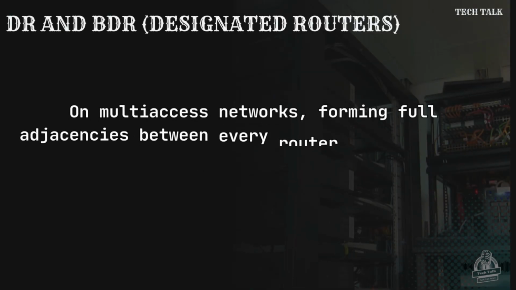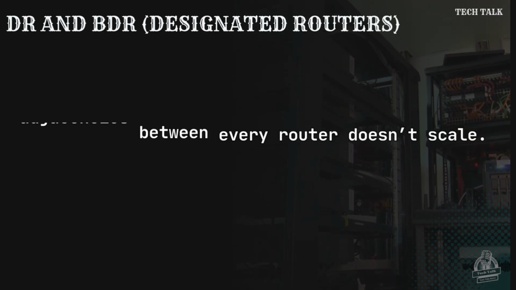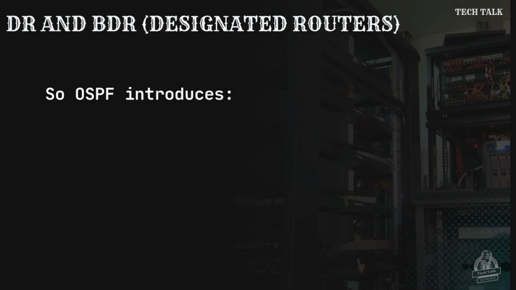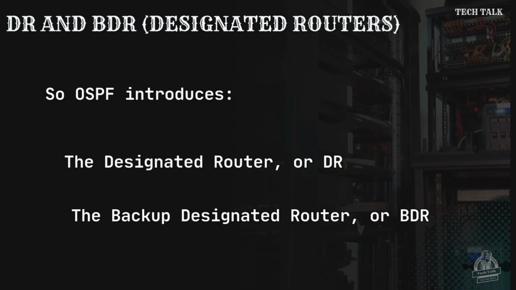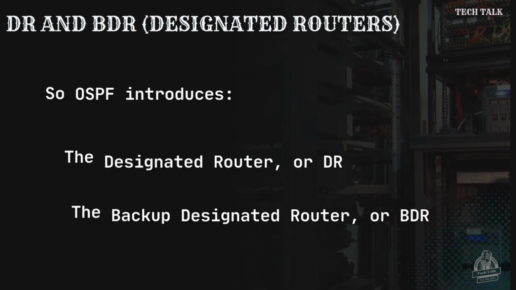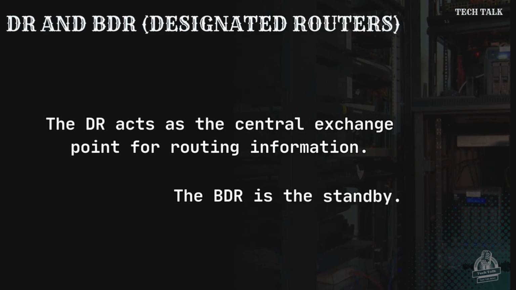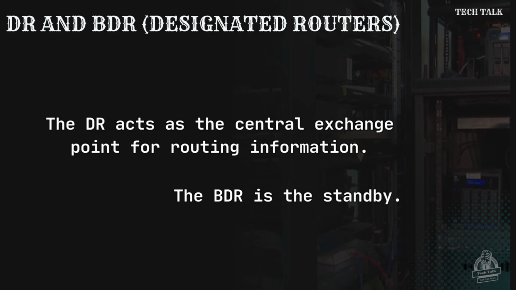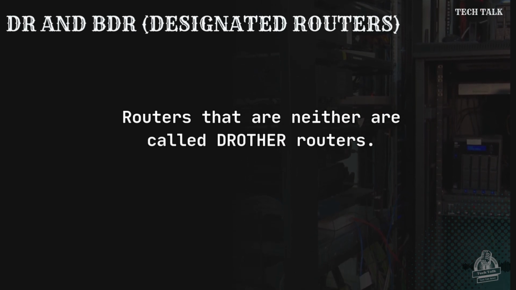On multi-access networks, forming full adjacencies between every router doesn't scale. So OSPF introduces the designated router, or DR, and the backup designated router, or BDR. The DR acts as the central exchange point for routing information. The BDR is the standby. Routers that are neither are called DR other routers.